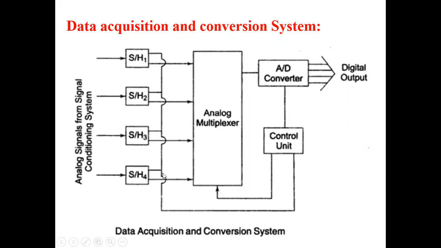So we know the function of the sample and hold circuit. The sample and hold circuit samples the various inputs coming from the different signal condition systems at a specific time, and holds the voltage levels.